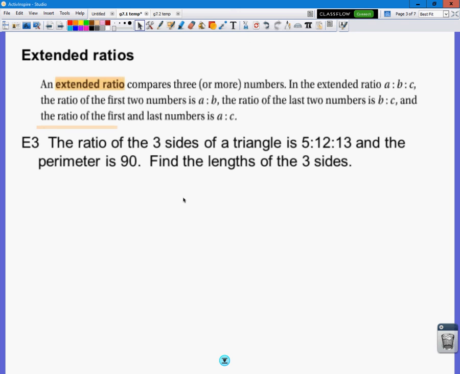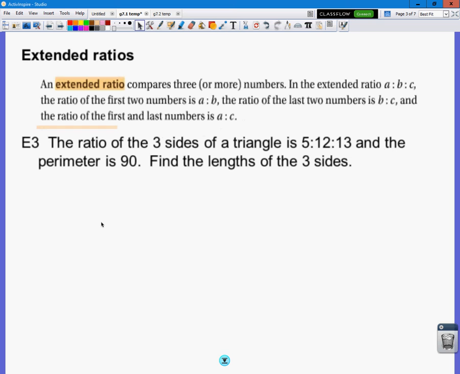So, in an extended ratio, A to B to C, the ratio of the first two numbers is A to B, or A over B. The ratio of the last two numbers is B to C, but it would also be true that the first and the last then would be A to C.